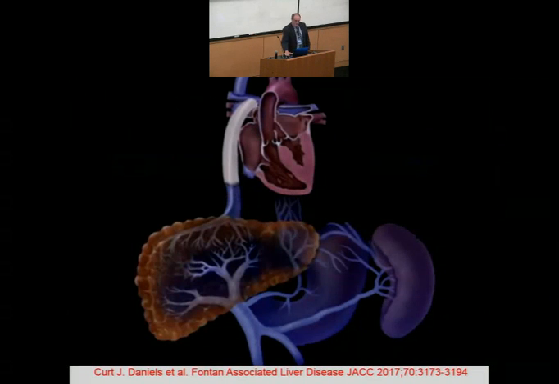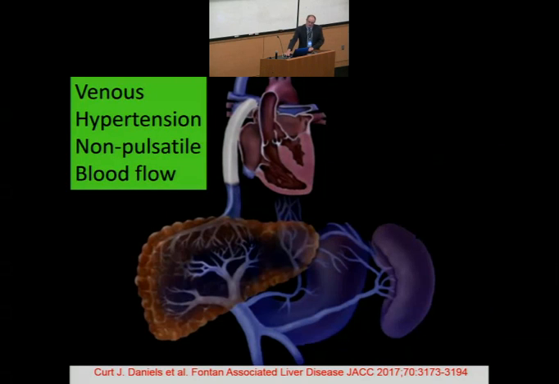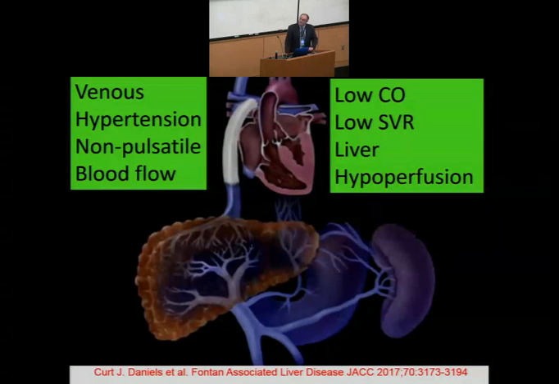But unfortunately, with the Fontan circuit that you can see here, over time that liver starts to get nodularity, fibrosis, and even cirrhosis with hepatocellular carcinoma is possible because of the relentless rise in the IVC pressure. Venous hypertension and non-pulsatile blood flow play a role. And then you've got the heart on the other side.